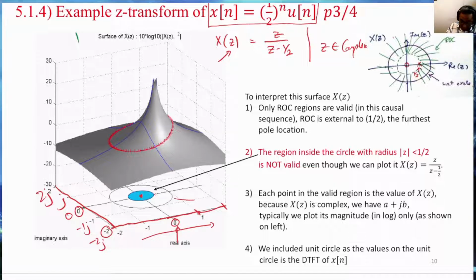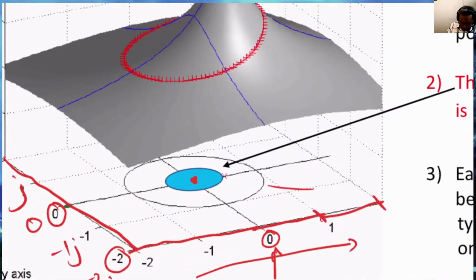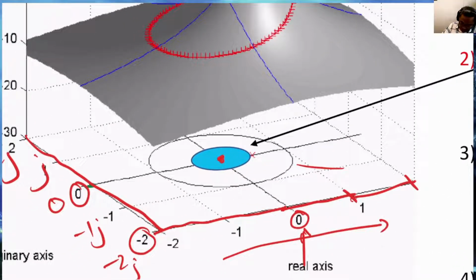So this point in the middle of this circle is the origin. I repeat, along this line here is the real line. Along this red line here is the imaginary line, and where they cross is the origin.